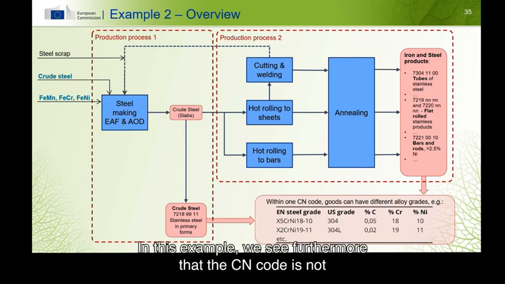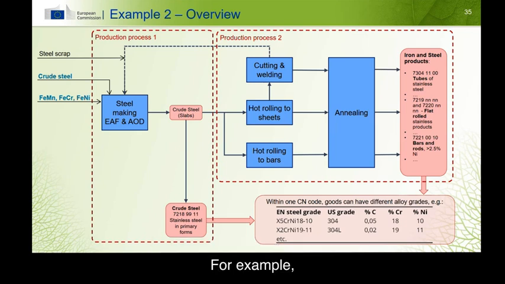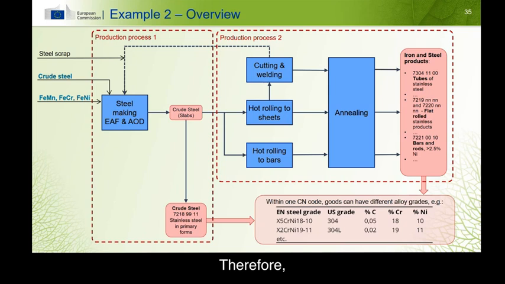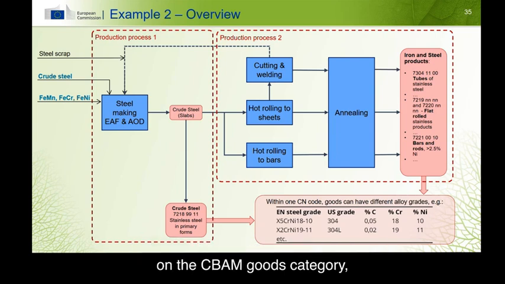In this example, we see furthermore that the CN code is not sufficient information for characterizing a CBAM good. For example, very different alloy grades can be products within the same CN code. Therefore, Annex 4 of the Implementing Act requires the reporting of such qualifying parameters. The CBAM Transitional Registry contains the relevant input fields depending on the CBAM goods category, and so does the communication template.